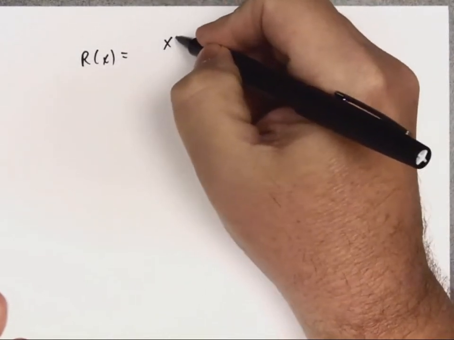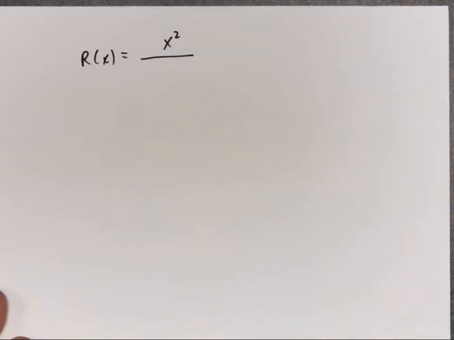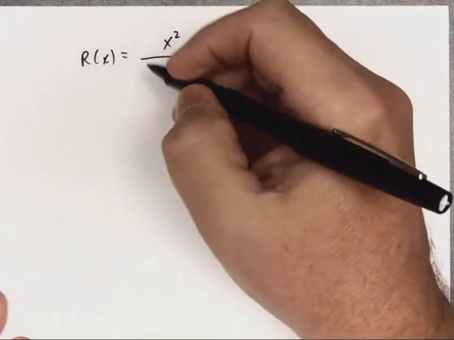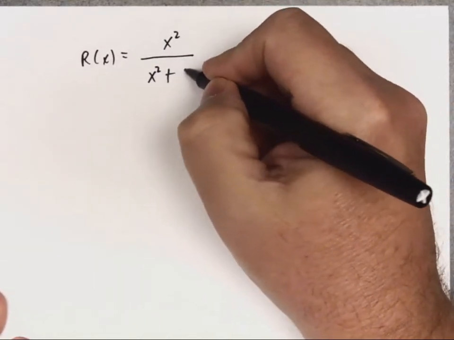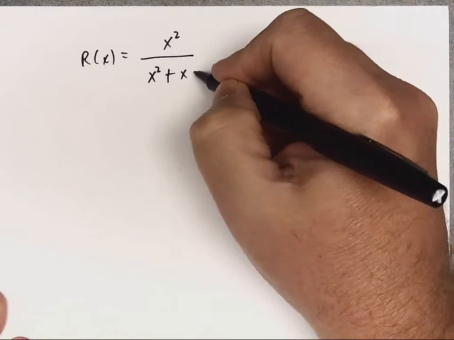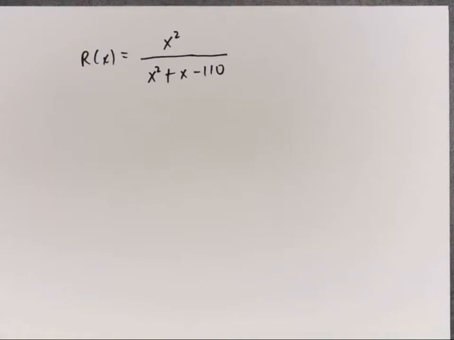Now to do the horizontal asymptotes, it's easiest if I write the top and the bottom as polynomials, not factored, in the unfactored form. So here's the unfactored form.